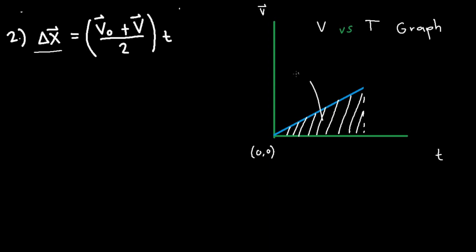So this is the displacement, ang area. So as you can see, ang displacement or ang shape sa figure is triangle. So, therefore, ang displacement is equals to area of a triangle.